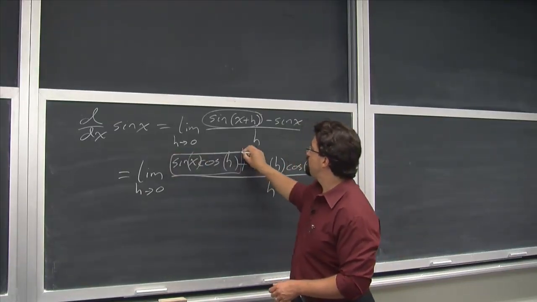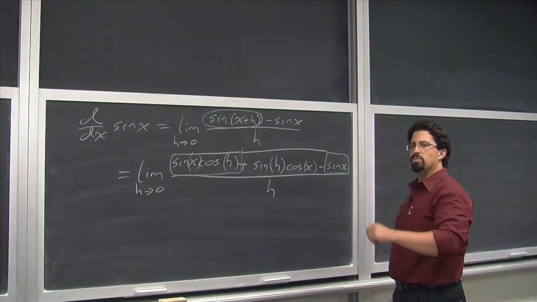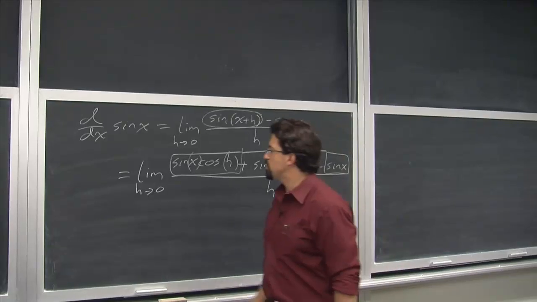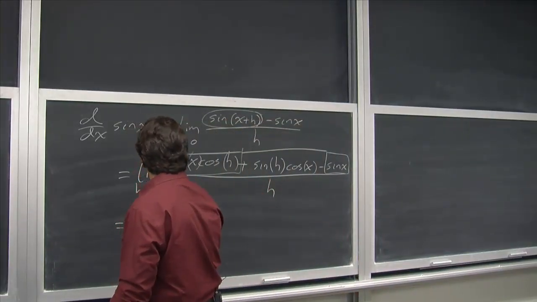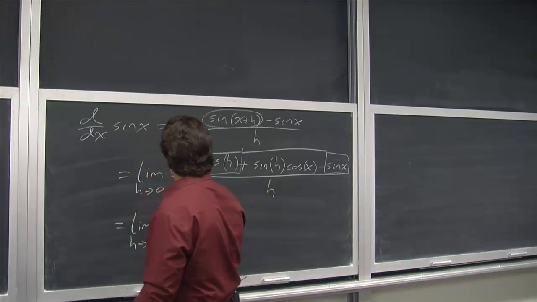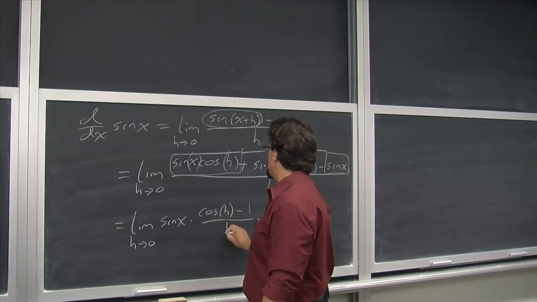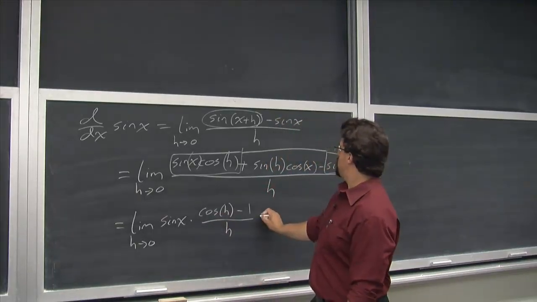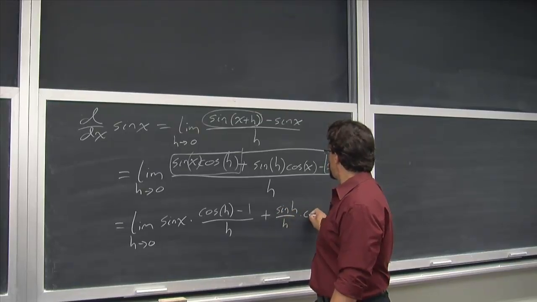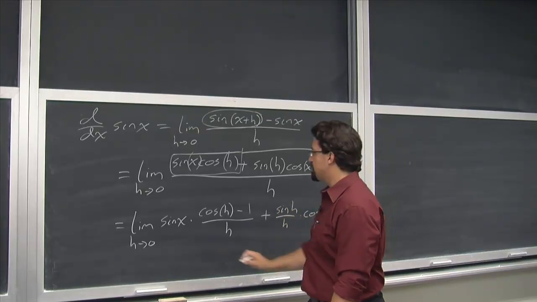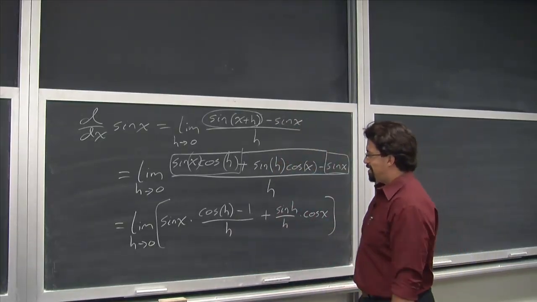And notice we have sine of x over here and sine of x over here, so we probably want to collect these two terms. And we get the limit as h goes to 0 of sine of x times cos of h minus 1 all over h plus sine of h over h times cos of x. Put this in nice big brackets, and that's it.